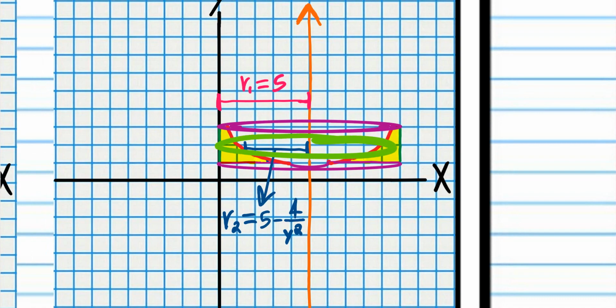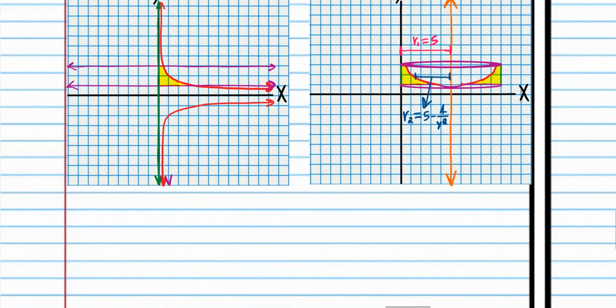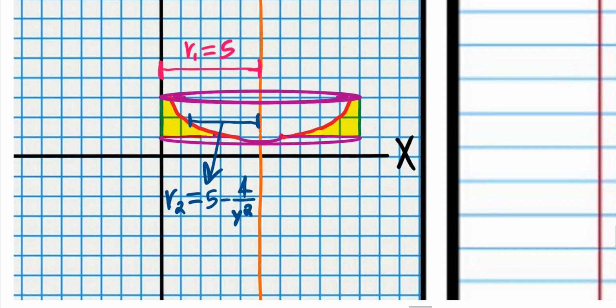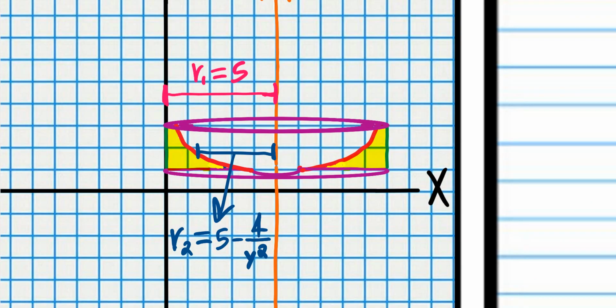So this area minus this area gives us some sort of a washer. But again, if we try to find cross sections of the solid that are vertical, then you're going to see that it's going to give us a weird shape. It's not going to be a circle.